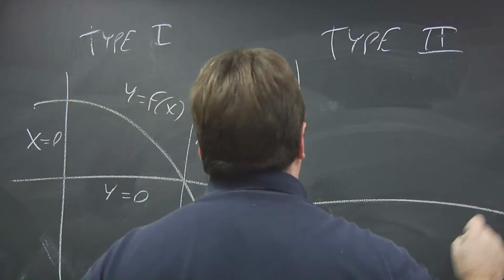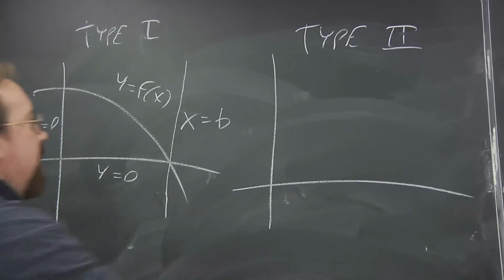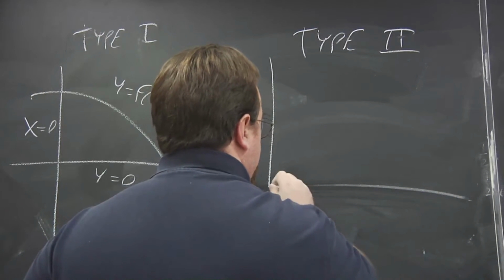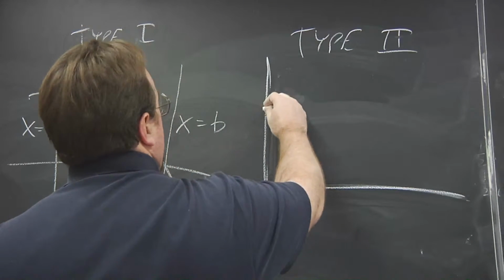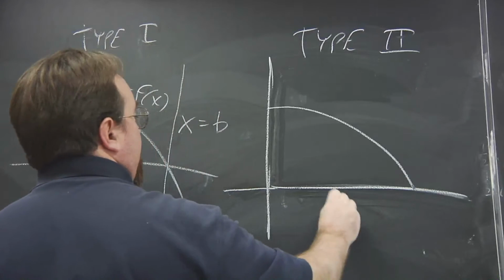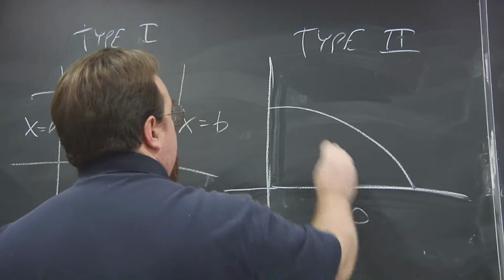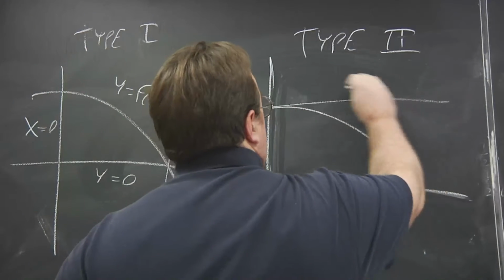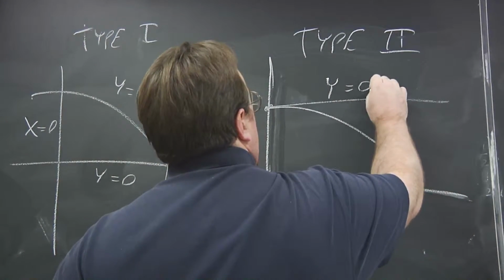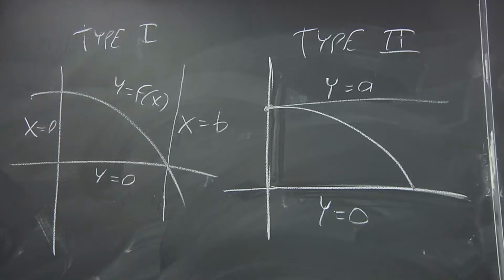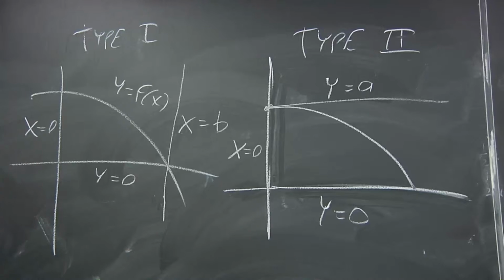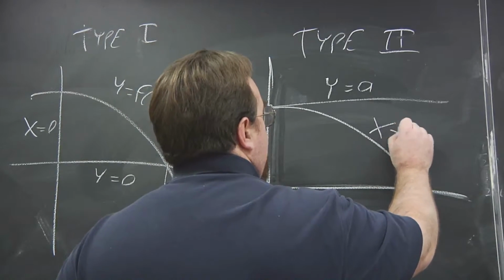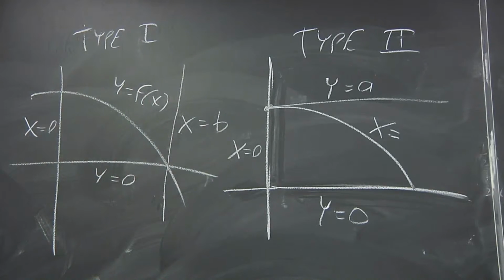So for type 2, we want constant boundaries in terms of y. So I'll draw, let's make these axes straight for a change. Okay, so same region. So constant boundaries in terms of y. So it's y equals 0, and then wherever this intersection occurs, call that y equals a, and then we'll still have x equals 0 as a lower limit in x, but now the upper limit is going to be x equals what?